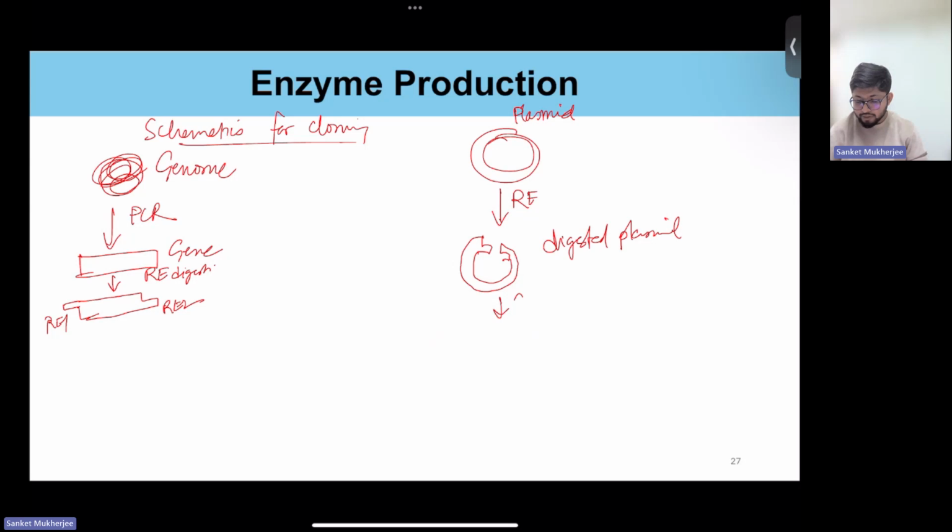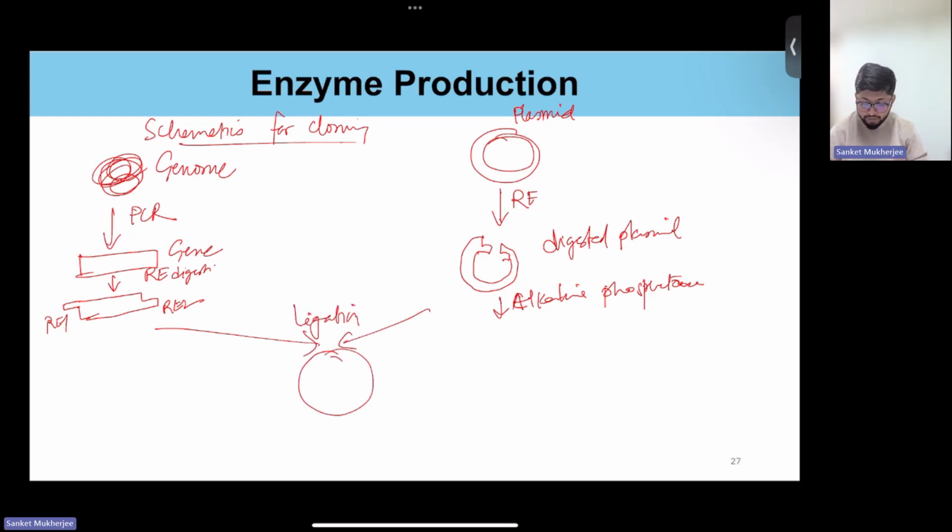You go for alkaline phosphatase treatment. This will prevent this plasmid from recircularizing itself. Then you will perform ligation, and it will create a recombinant plasmid.